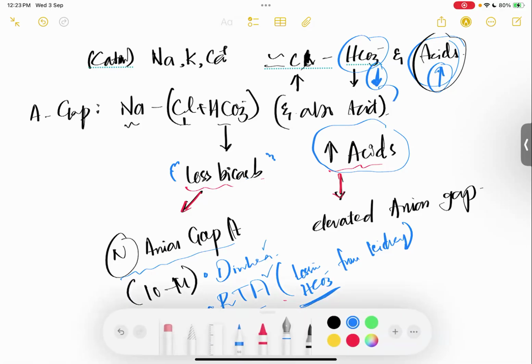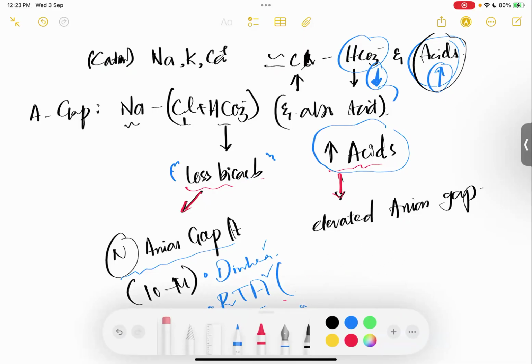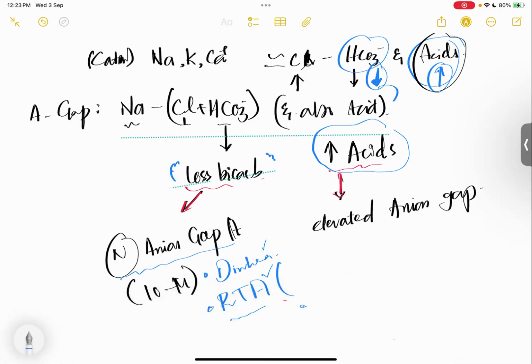And the last thing is, these three are the high yield, important causes of normal anion gap metabolic acidosis, which is excessive saline infusion.